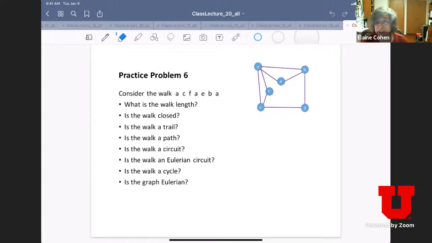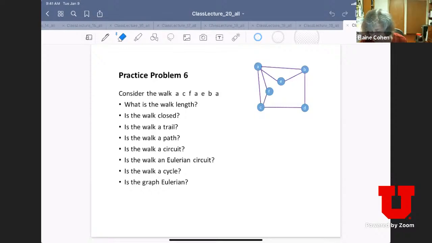Is the graph Eulerian? We can answer that. Why not? Someone says no, but tell me why. Vertex C, the man says, has degree 3. That's right, an odd degree.